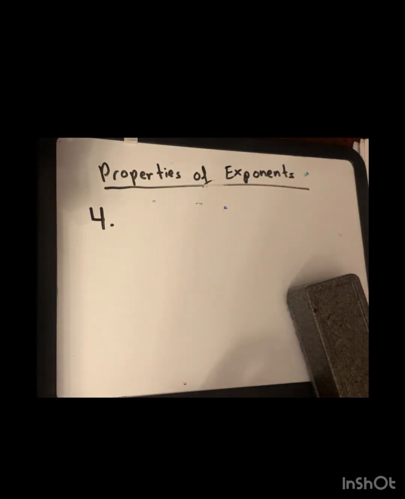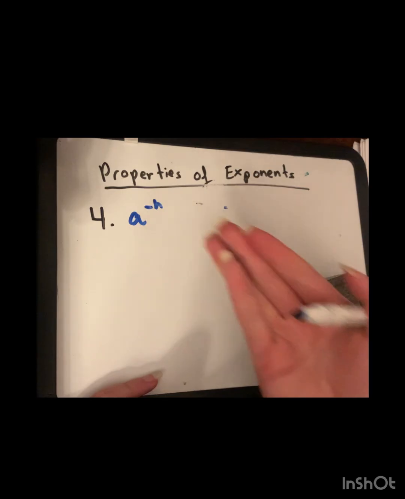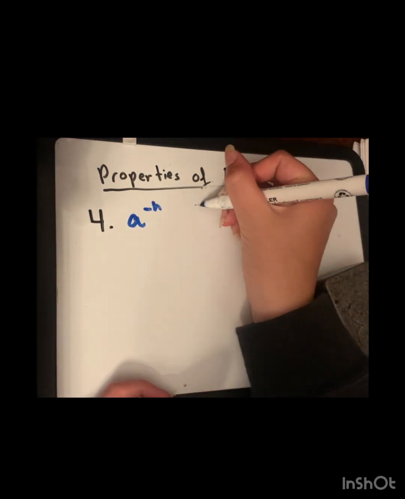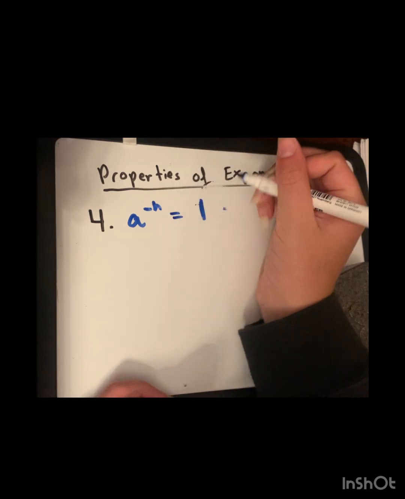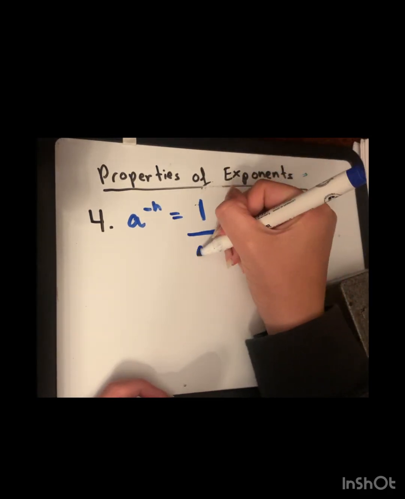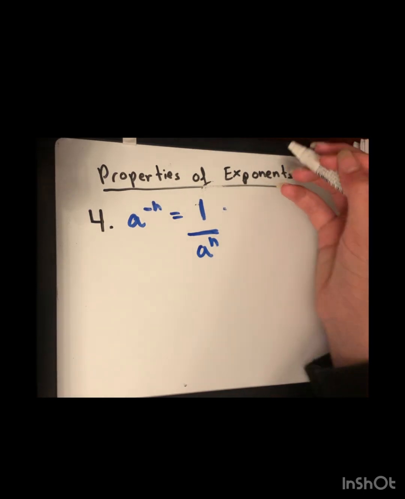So in our fourth property, we have the negative exponent. What do you do with a negative exponent? Very simple. You're going to leave a 1, and take the negative exponent and the coefficient to the bottom. This is what it would look like. Now this is a big major confusion as well.